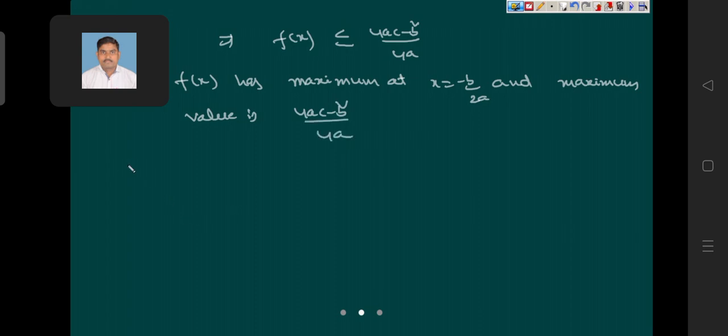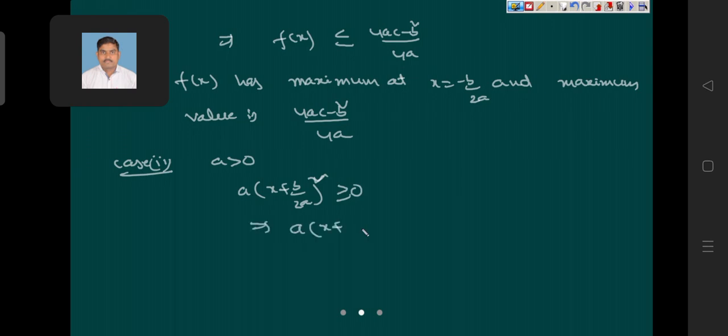Now coming to case 2. Case 2 is if a is greater than 0. If a is greater than 0, then a into (x plus b by 2a) whole square is greater than or equal to 0. So that implies a into (x plus b by 2a) whole square plus (4ac minus b square) by 4a is greater than or equal to (4ac minus b square) by 4a.